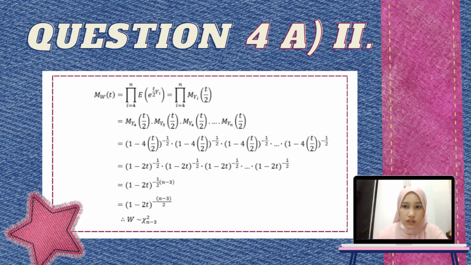So, as we can see, this is the same as the MGF of a chi-square distribution with n minus 3 as the degrees of freedom. So the final conclusion is W follows a chi-square distribution with n minus 3 degrees of freedom.